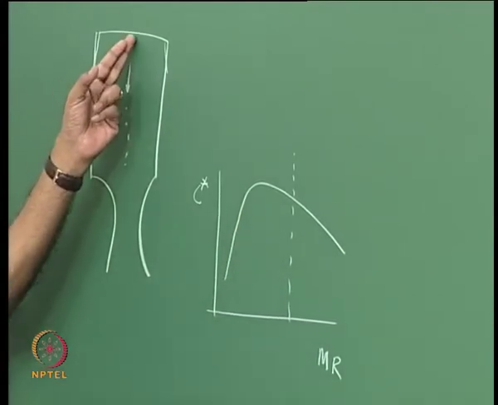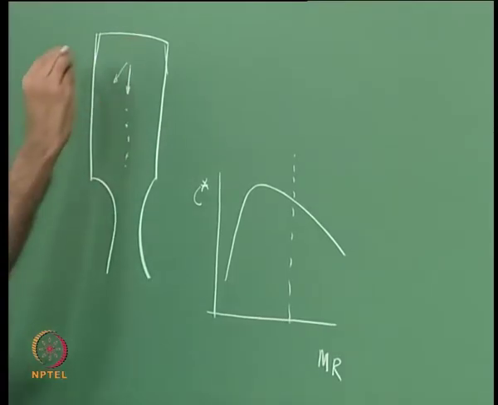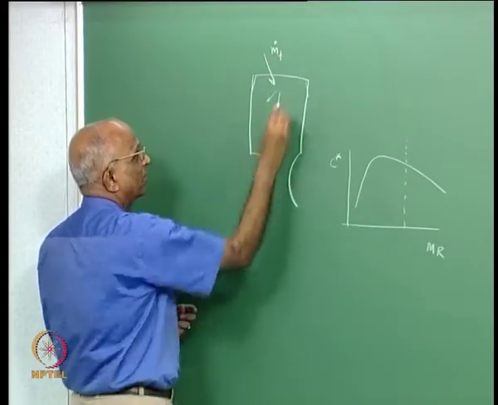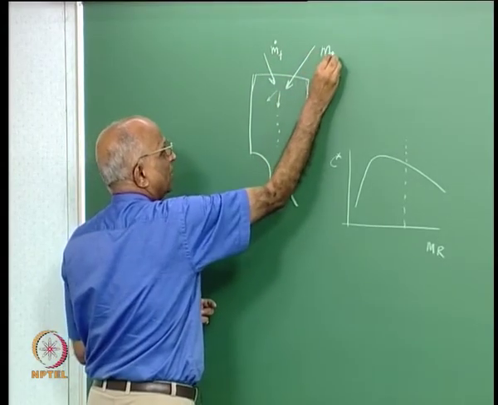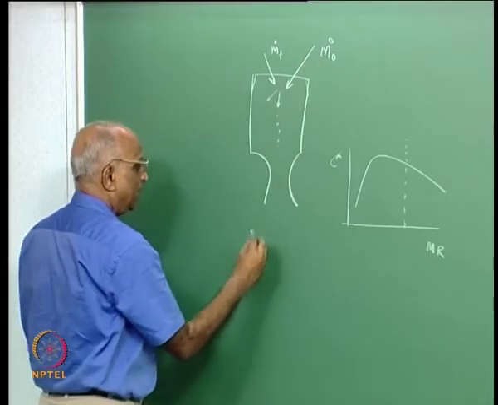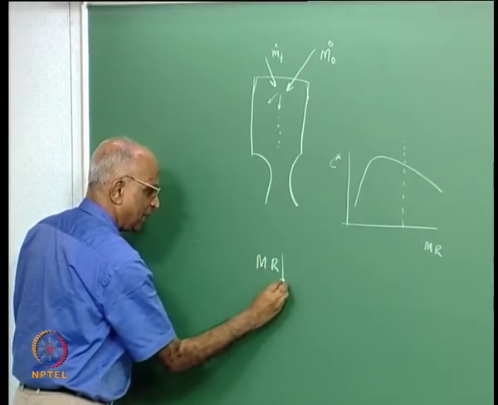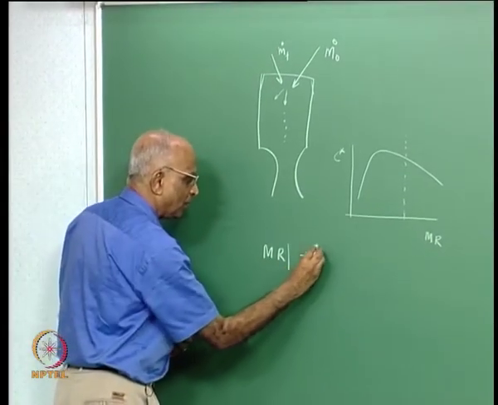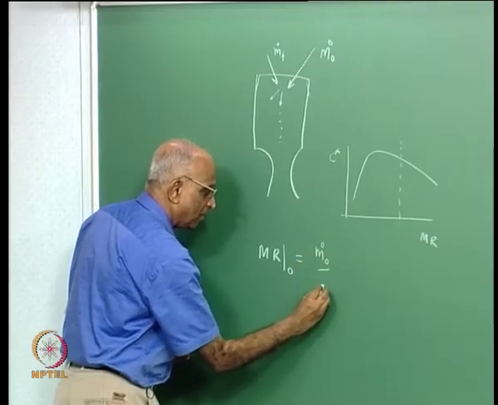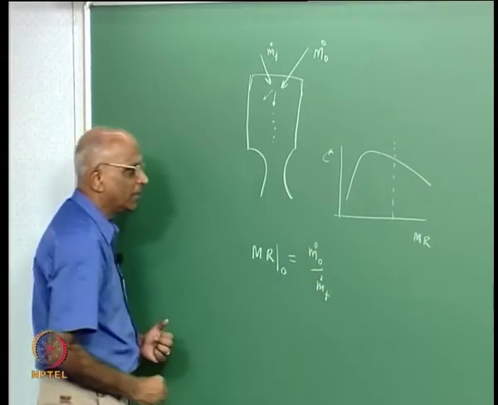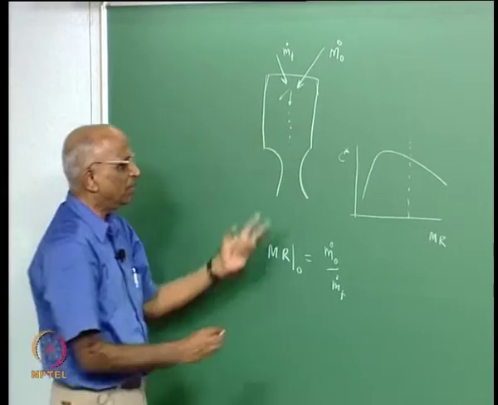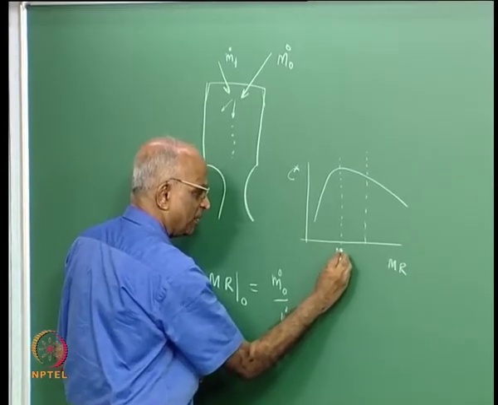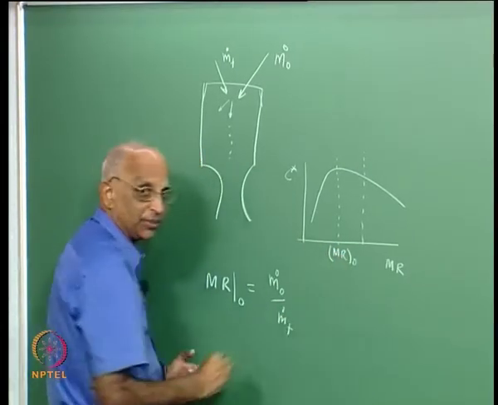Maybe I would choose an injection mixture ratio, that means I inject some mass of fuel, flow rate in kilograms per second, I inject some oxidizer m dot O into it, and the mixture ratio I get at injection, let me call it at nominal or injection at O, is equal to m dot O divided by m dot F, and I would like the C star to be maximum. Therefore, maybe I adopt this as the mixture ratio, I call this the mixture ratio corresponding to injection.